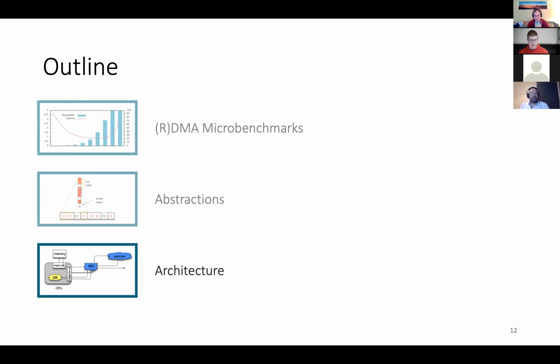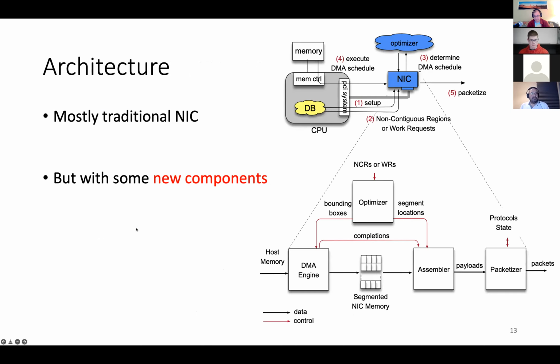Okay, as I said, I will skip the abstraction and go straight to the hardware part. What we're proposing with DRDMA is higher level abstractions that allow the NIC to reason about what data to fetch and optimize the schedule of that. There are similar components to a normal NIC: a DMA engine that fetches the data from the host, and a packetizer that turns it into packets.